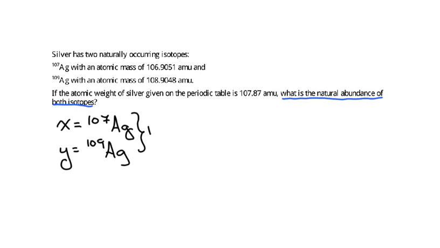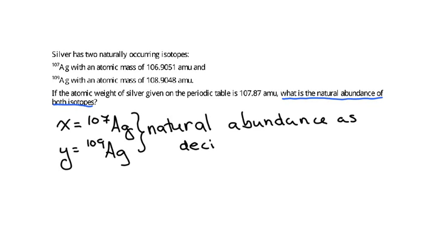So these are my natural abundances as a decimal. Now that I have my two unknowns defined, we have to come up with our two equations.